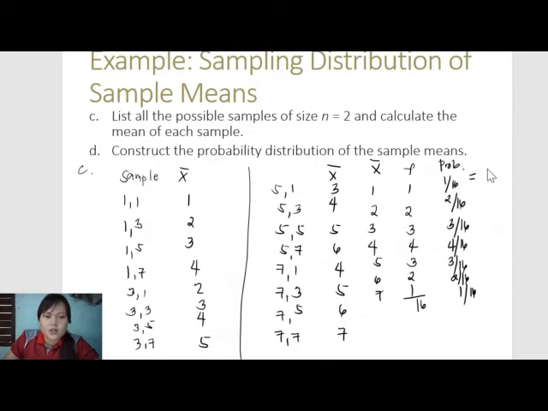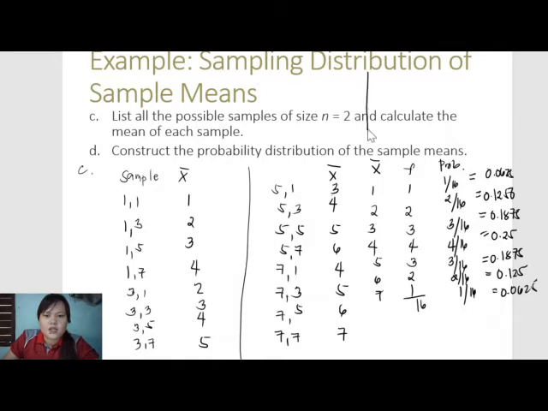That would be 0.0625, 0.1250, 0.1875, 0.25, 0.1875, 0.125, and 0.0625.